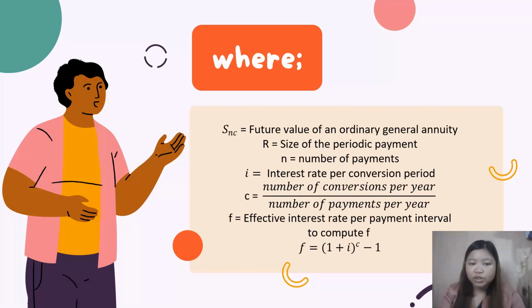And F is equal to the effective interest rate per payment interval. Then to compute F, we have the formula F is equal to the quantity of (1 plus I) raised to C minus 1.